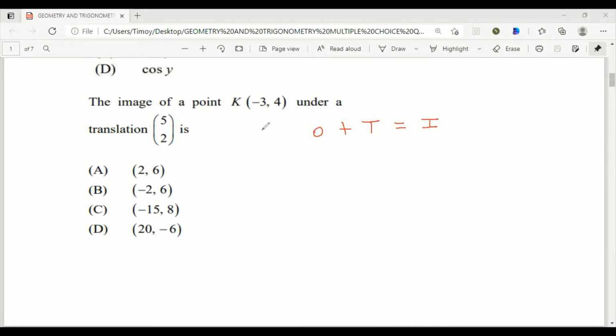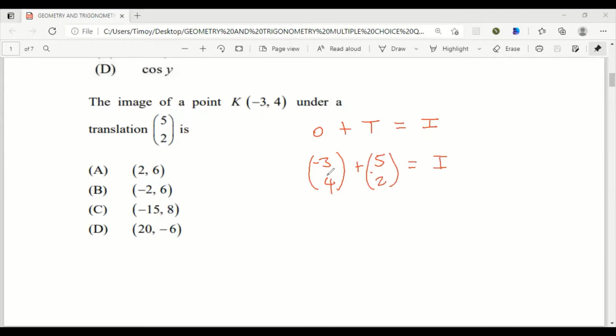We know the object, so we can write the object in column format. So the object here is K. So in column format, that would be -3, 4, plus the translation vector, which is 5, 2. And that should equal the image, which is I.